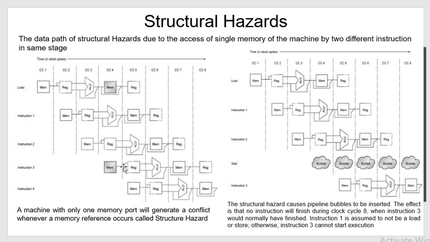So whatsoever the conflict was there, that conflict was filled with a bubble. So during this particular cycle, no new opcode will be fetched for instruction 3. So the new opcode will be fetched in the 5th cycle instead of the 4th cycle.